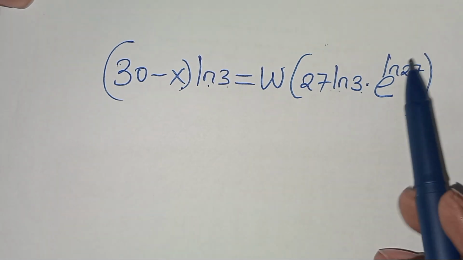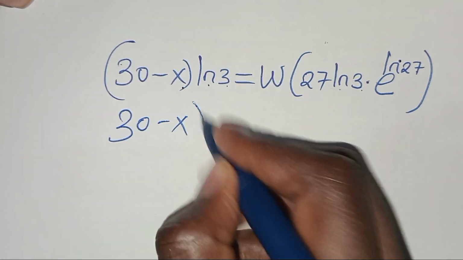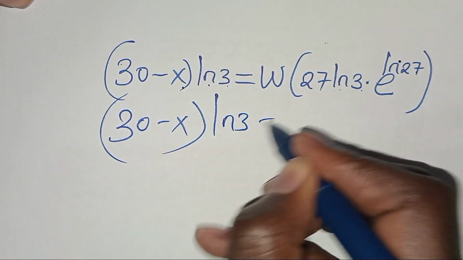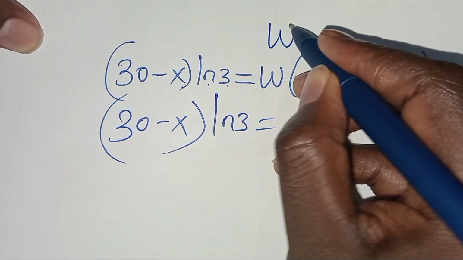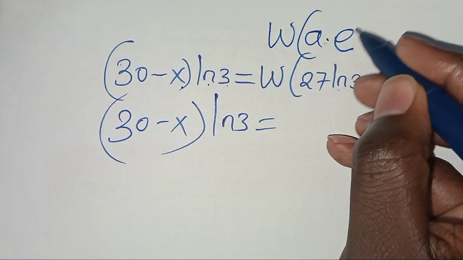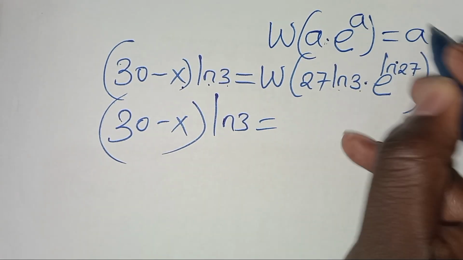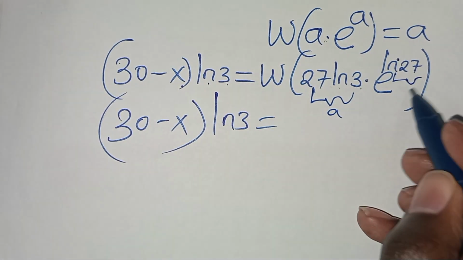So now, as you can see here, we have subtract x multiplying the ln of 3. Now, applying the property that the W function of a multiplied by e to the power a is equal to a, this part again, this is a and this is a.